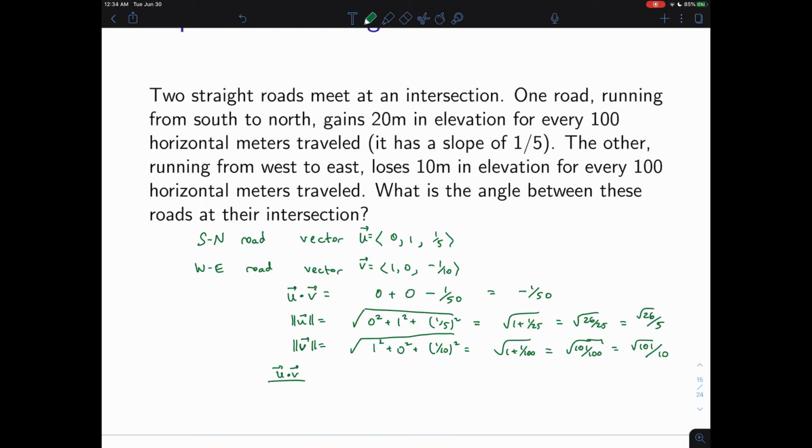And now the dot product divided by the magnitudes would be, that dot product is minus 1/50. And the magnitudes were square root 26 over 5 and square root 101 over 10. And those were multiplied. So it's a little bit of an ugly fraction, I guess, but I think we can simplify it a little bit anyway. So it's -1.